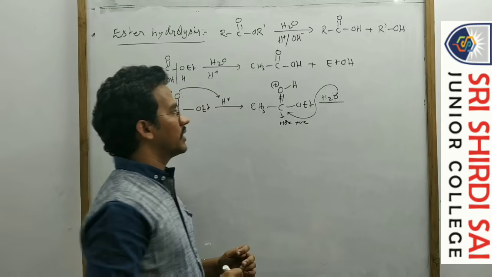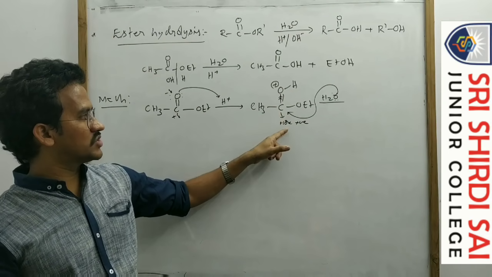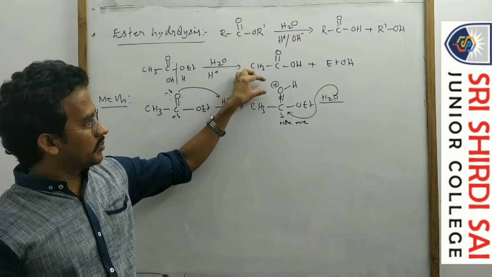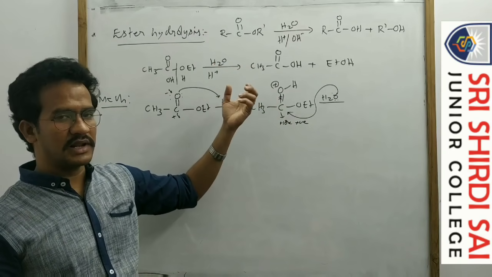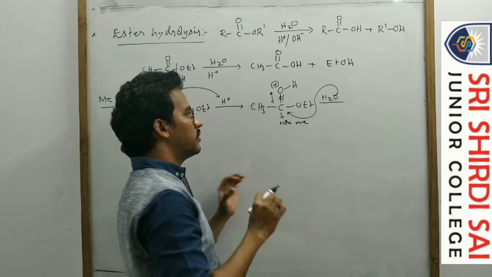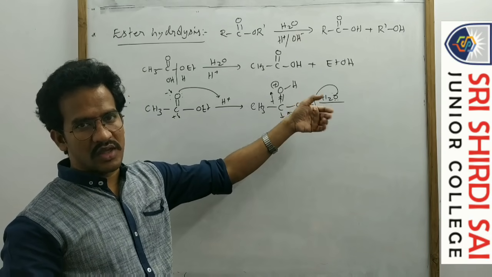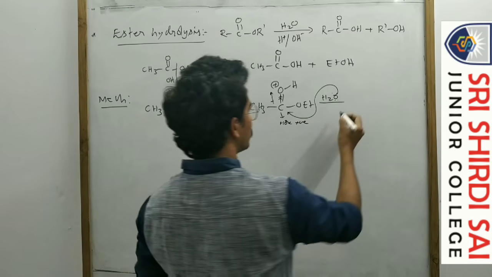Water is a weak nucleophile, but it attacks the carbon because the carbon has more positive charge by the protonation. So it is readily attacked by the water even though it is a weak nucleophile.